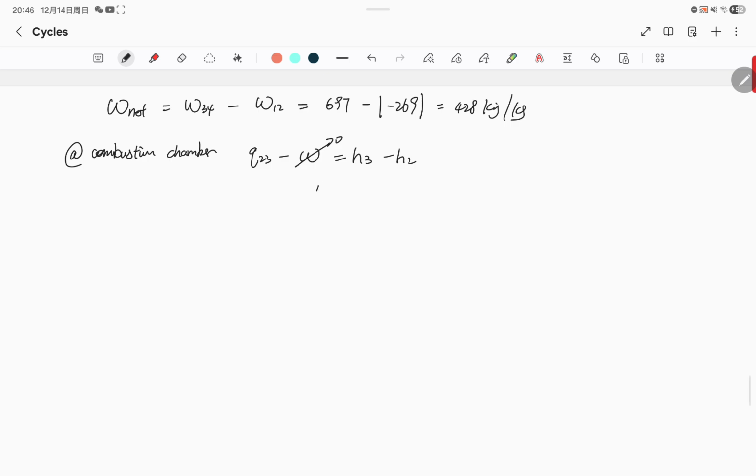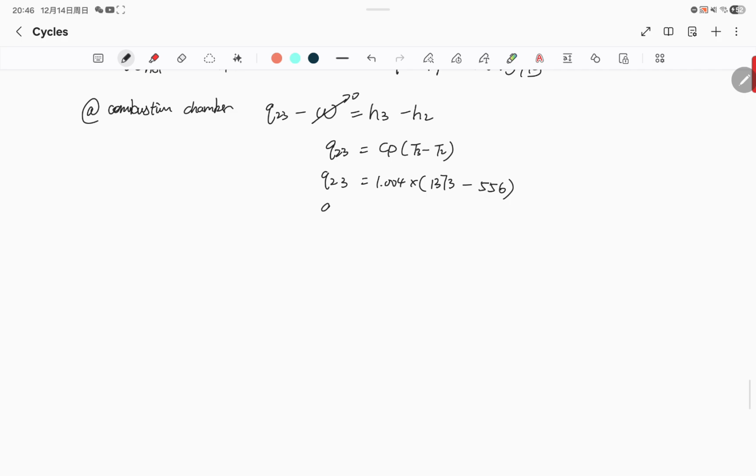The answer is no. So it's just H3 minus H2. Since this is ideal gas, it's Cp times (T3 minus T2). T3 we had, and T2 we got that. So heat in is 820.